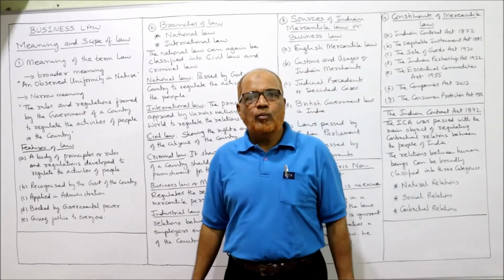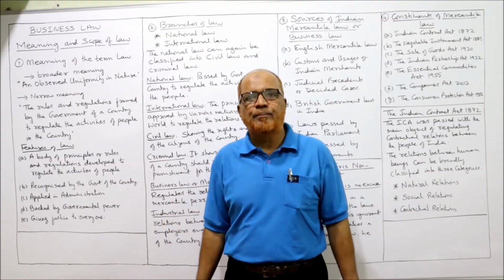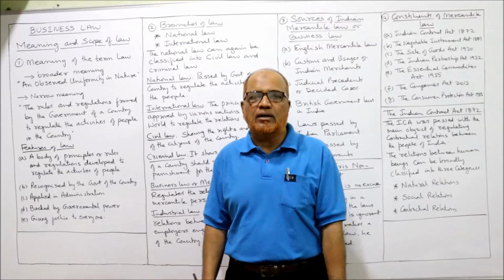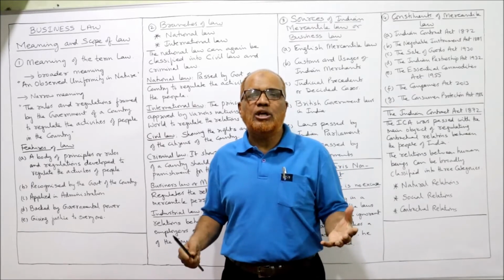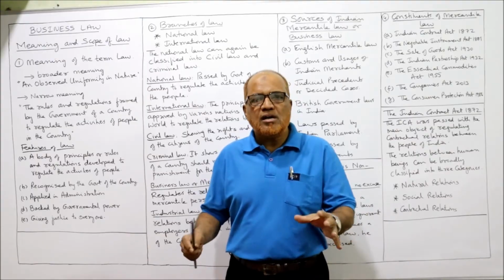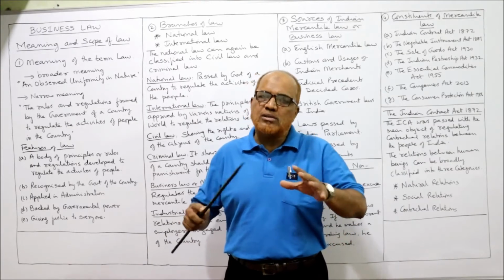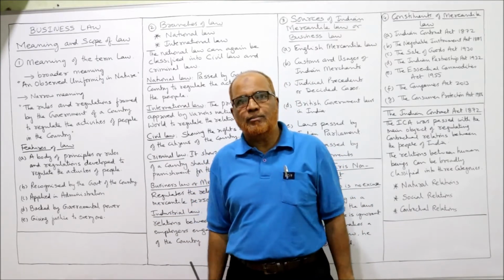For example, we have universal laws like the sun rises from the east, water flows downward, gravitational force, law of diminishing marginal utility. These are common natural laws, and these natural laws are uniform throughout the world. This is the broader meaning of the term law.